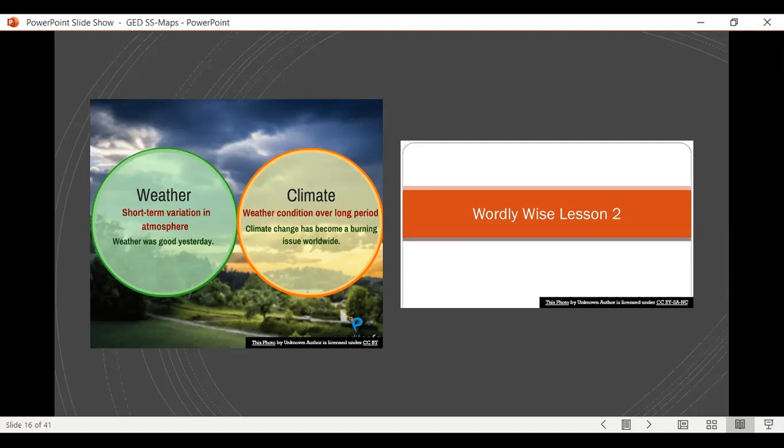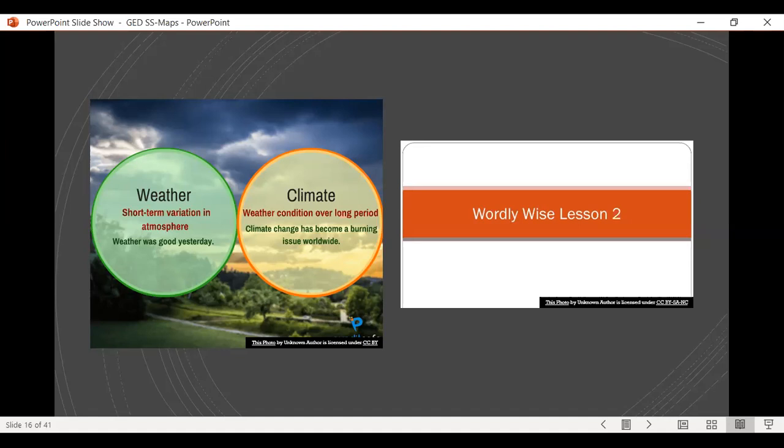Like here it talks about climate change and how it's become a burning issue worldwide. We see the results of global warming through the glaciers that are melting. And the effect of that would be that the ocean level will be rising, because that water from the glaciers does have to go somewhere.